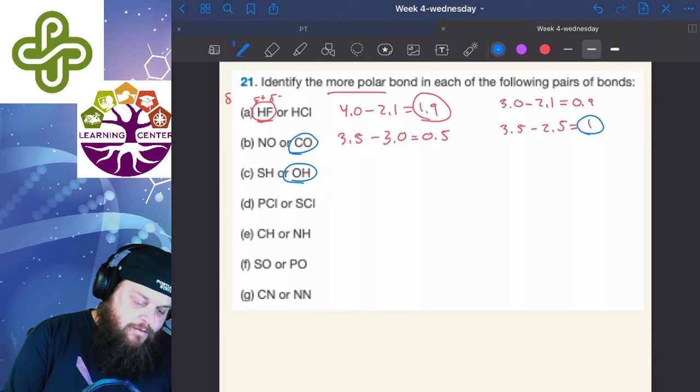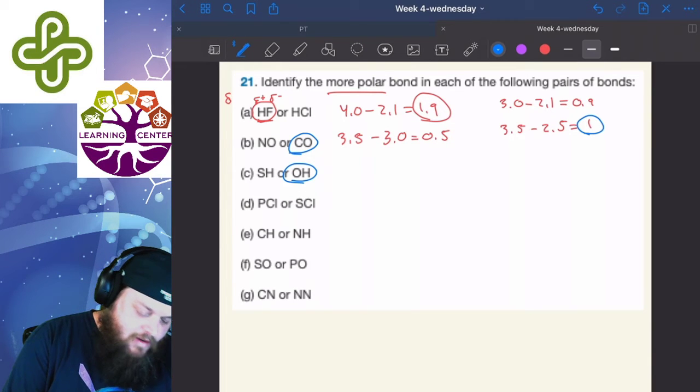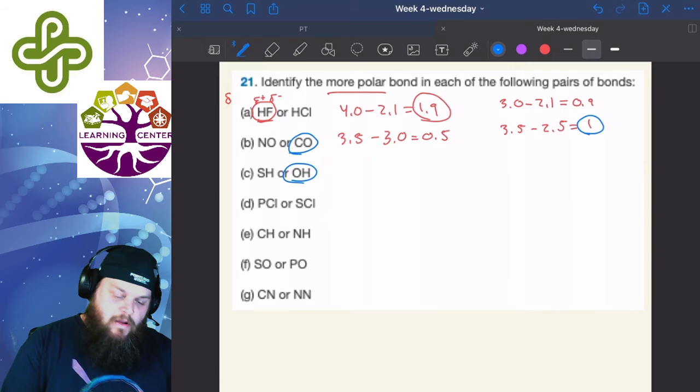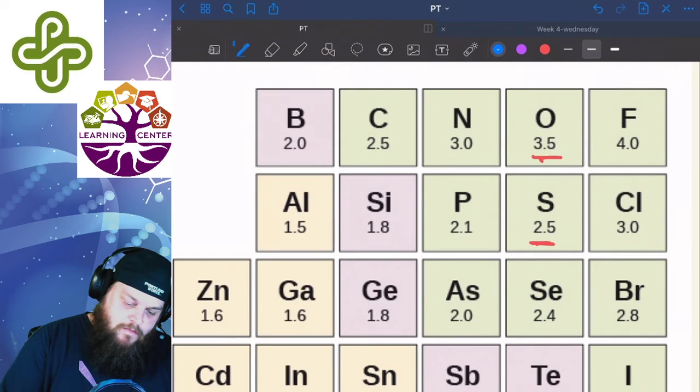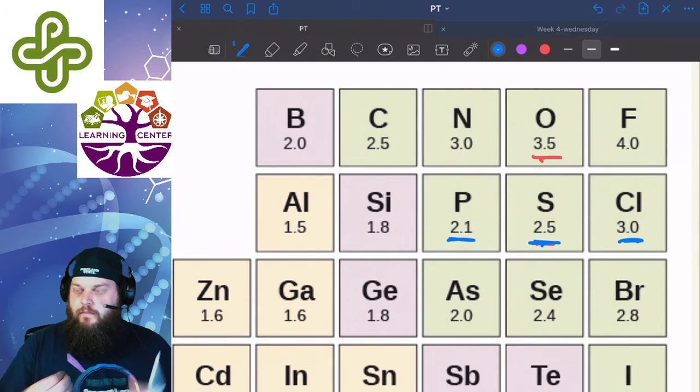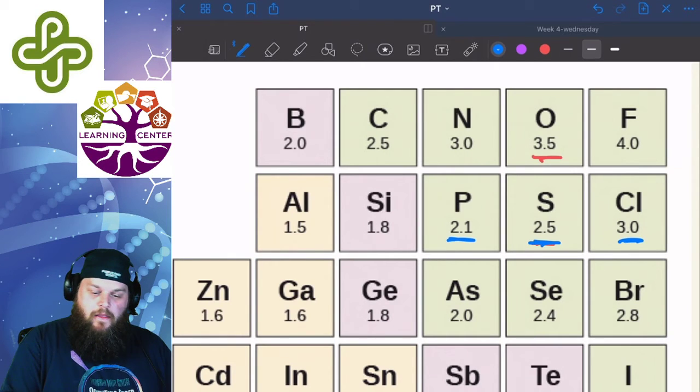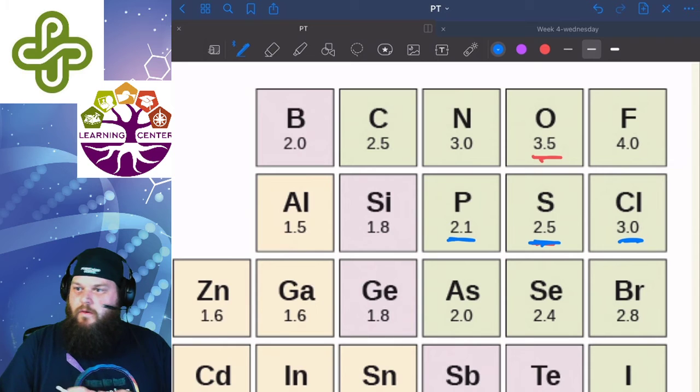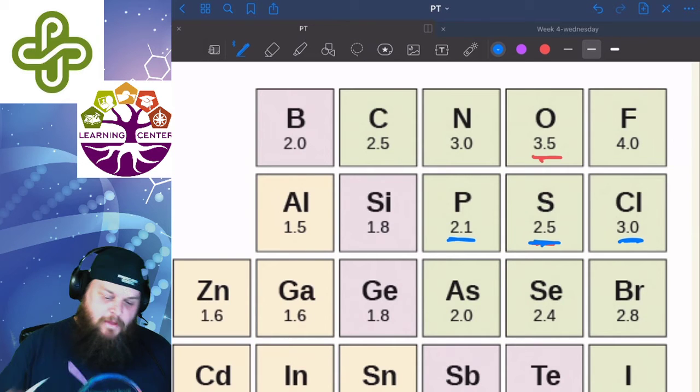Looking at the difference between phosphorus chloride and sulfur chloride, that's phosphorus and sulfur is really the difference, and we're comparing that to chloride. So chloride is the most electronegative in there on that row, basically. And we can see that the difference between sulfur and chloride is going to be smaller than the difference between phosphorus and chloride. Excuse me.